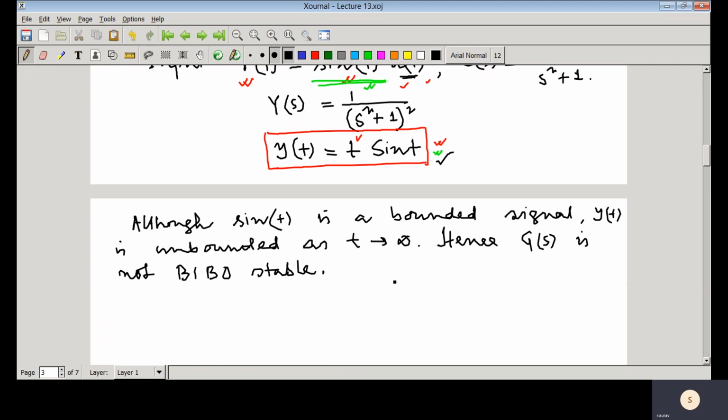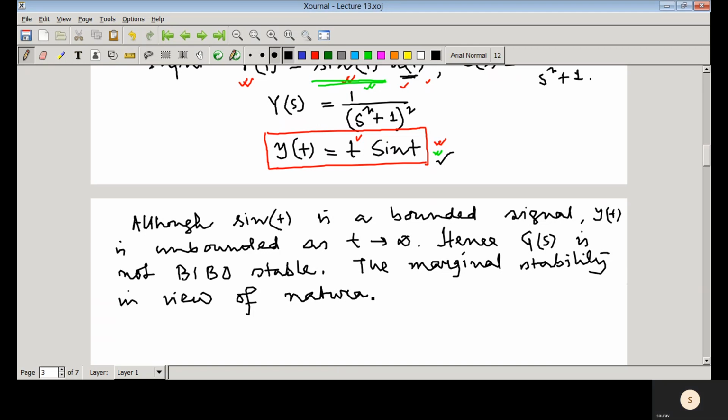The marginal stability in view of natural response is unstable from the BIBO perspective.